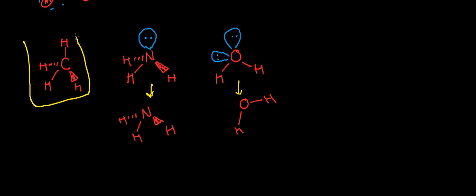Here's methane with 4 bonding pairs. No lone pairs. Here's NH3. It has 3 bonding pairs and 1 lone pair. So it also has tetrahedral geometry. But since one of these is a lone pair, most often people think of it as this pyramid shape.